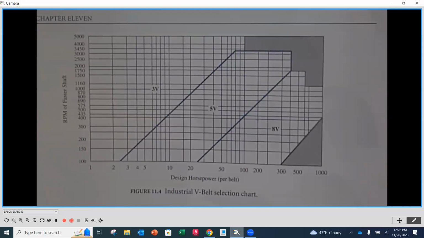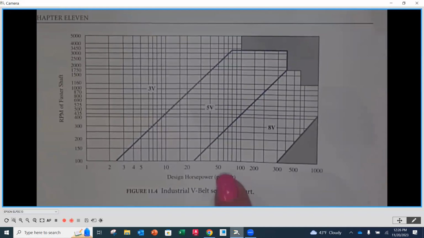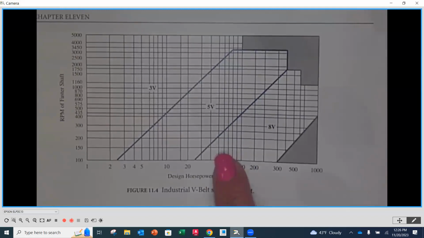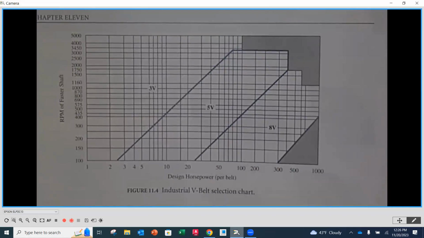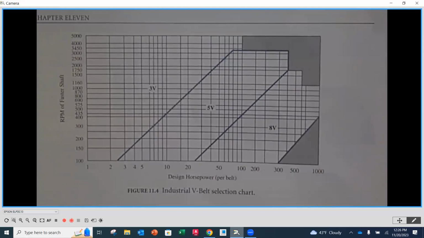And in this book, they don't consider that. So when they tell you what a motor's horsepower is, for instance, if it's 50 horsepower, you're just going to read 50.